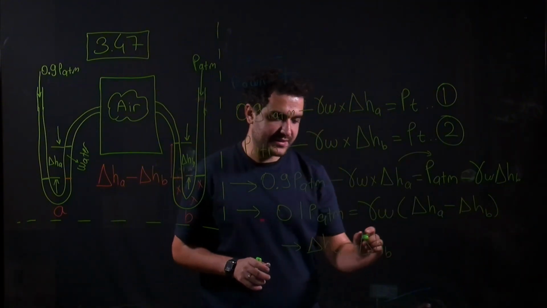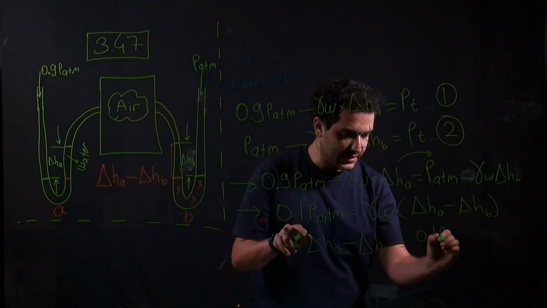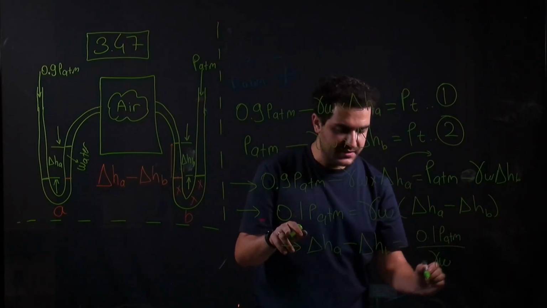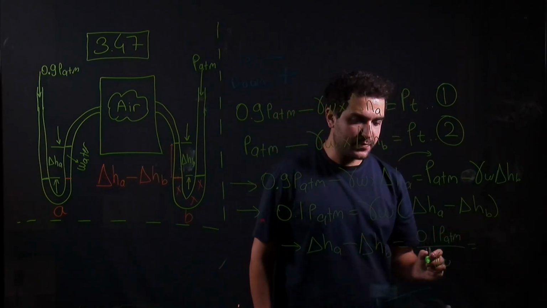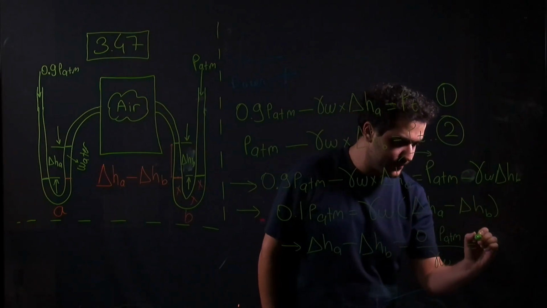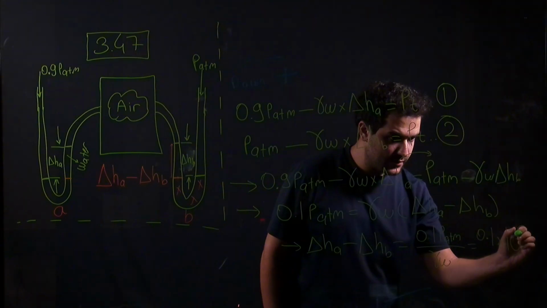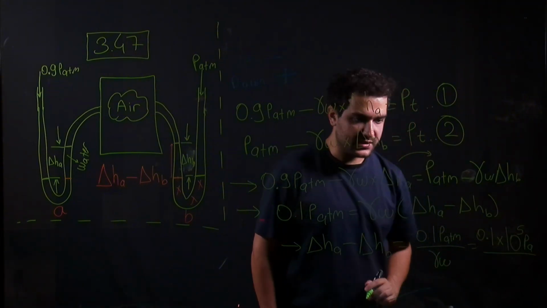If you do that, we will get delta HA minus delta HB is equal to 0.1 PATM over specific weight of water. PATM is 10 to the power of 5 Pascal, and we have the specific weight of water.